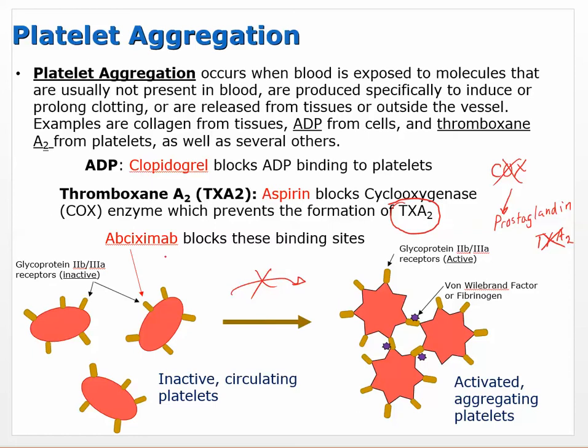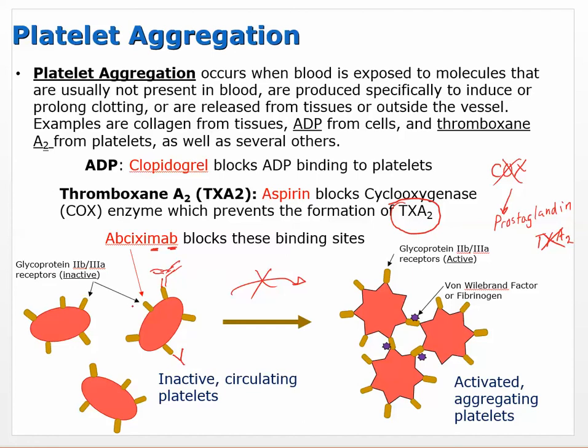Abciximab, MAB meaning monoclonal antibody, is just an antibody that will stick to, let's see, how am I going to draw this? It's supposed to be a Y. Okay, so that's supposed to be an antibody. It will stick to these glycoproteins.